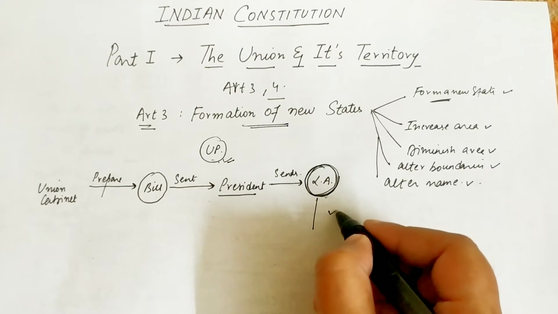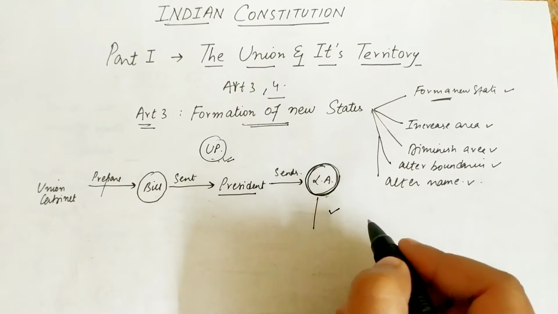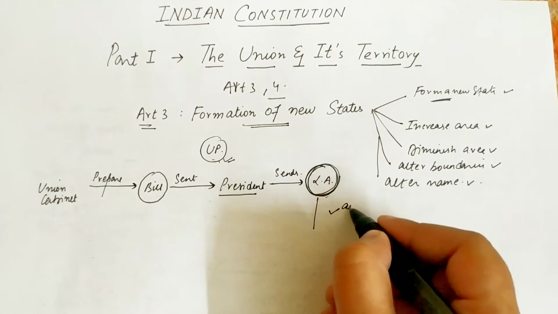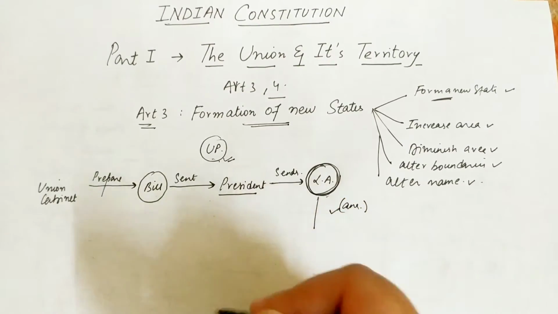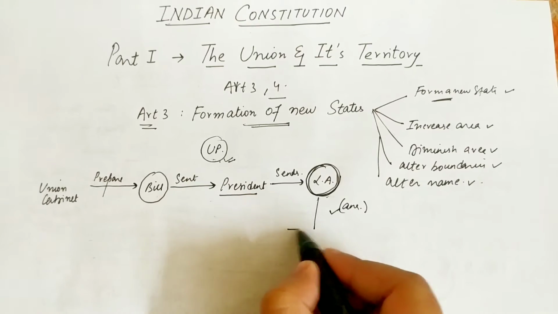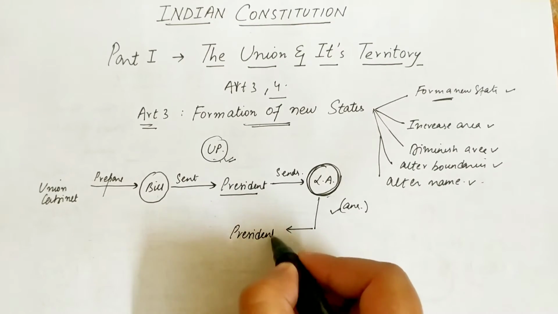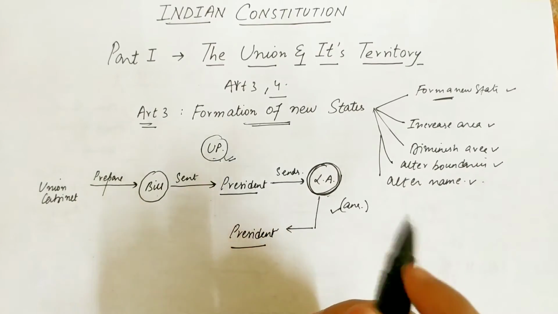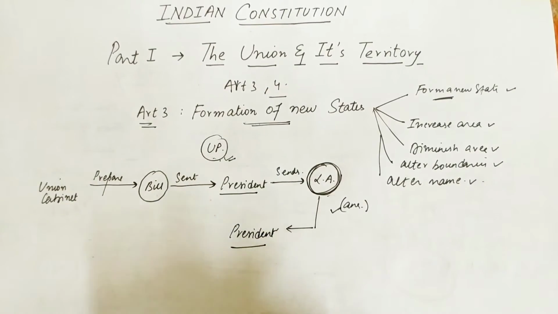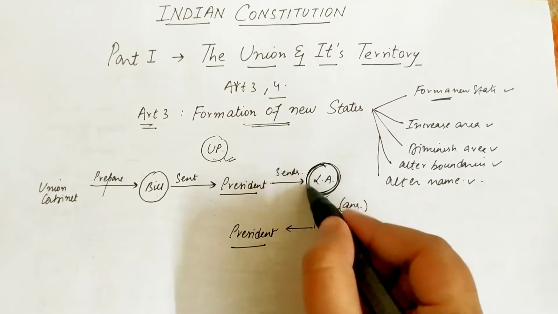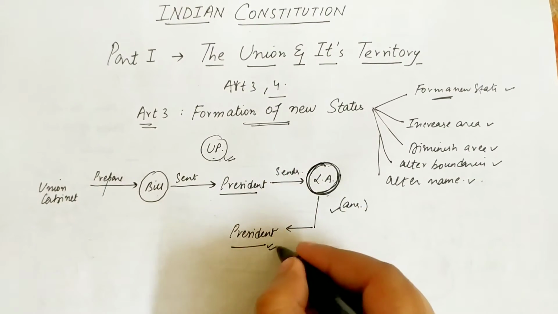Within a specified time, no matter what the answer is, it has to be sent back to the President. I'll repeat again: within a specified time it has to be sent back, and the answer of the Legislative Assembly won't be binding on the President.